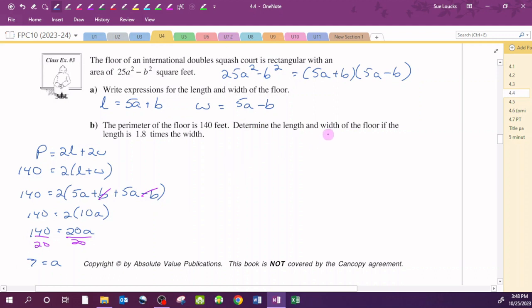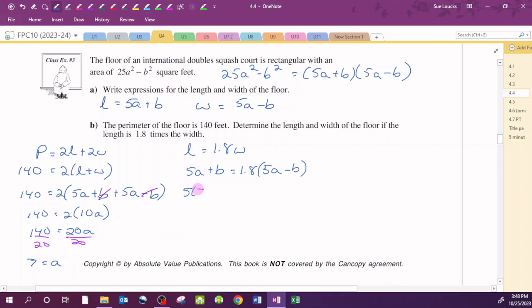And then I know that my length equals 1.8 times my w. And since my length equals 5a plus b, that equals 1.8 times my w, which is 5a minus b. And then I know that a equals 7, so I can substitute that in.